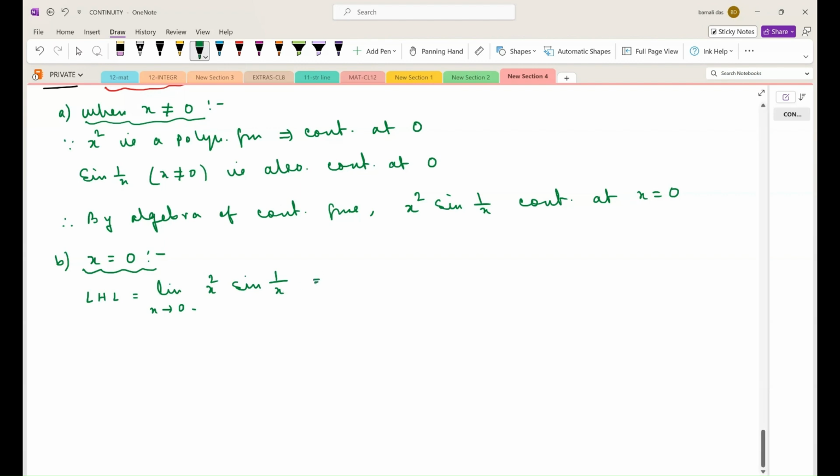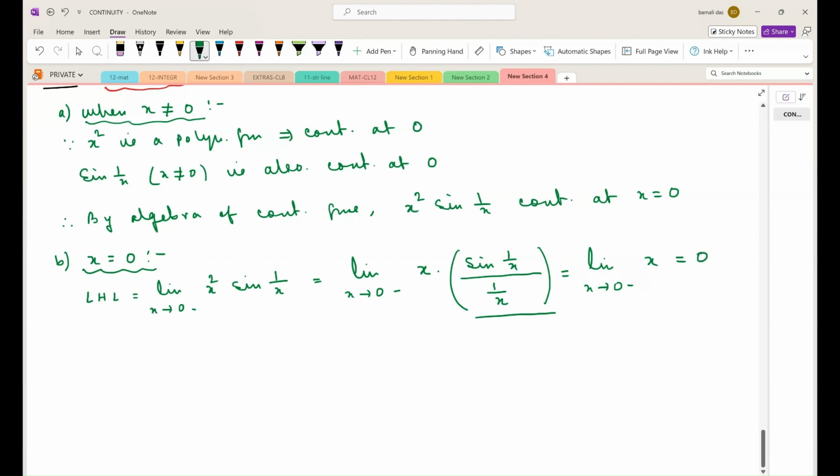Now here we do a simple manipulation. We keep one x here and then sine 1 by x, and the other x that was here, we bring it here to bring this form. Now you know that this portion, as x tends to 0, will give you 1. So ultimately you are left with limit x tends to 0 minus of x, which is 0.